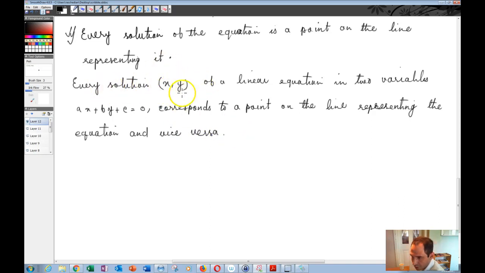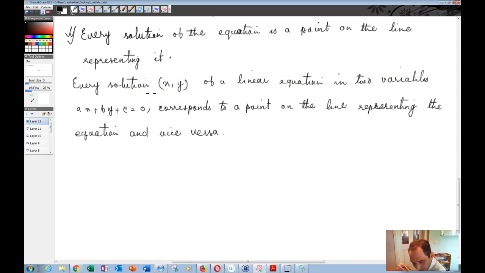So every solution (x, y) of a linear equation in two variables, which is usually written in the form ax + by + c = 0, corresponds to a point on the line representing the equation, and vice versa, meaning that every point on the line corresponds to some solution (x, y) of the linear equation in two variables.